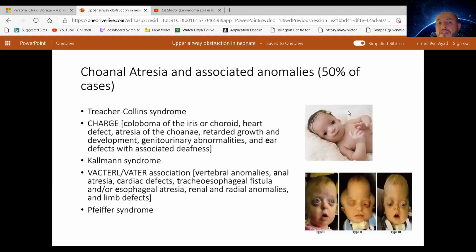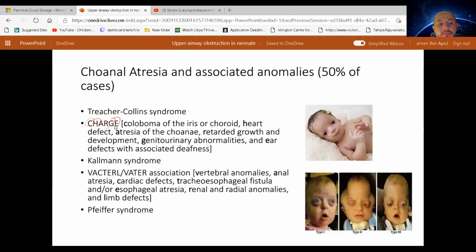50% of cases of choanal atresia are associated with or part of a syndrome, like Treacher Collins syndrome, CHARGE syndrome, which stands for coloboma of the iris, heart defect, atresia of the choanae, retardation of growth, genitourinary abnormality, and ear abnormality, deafness.